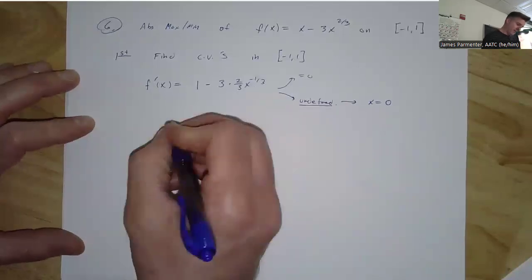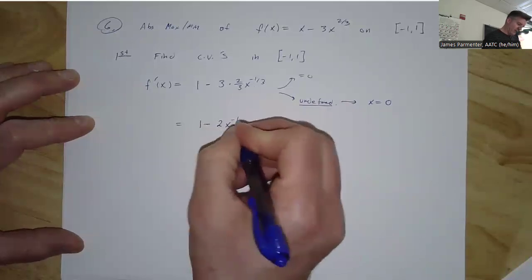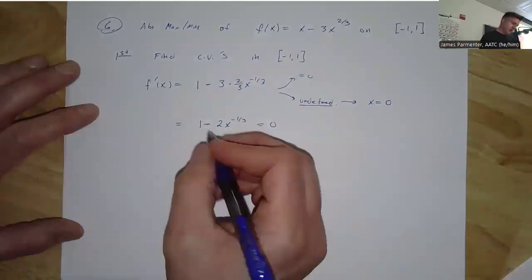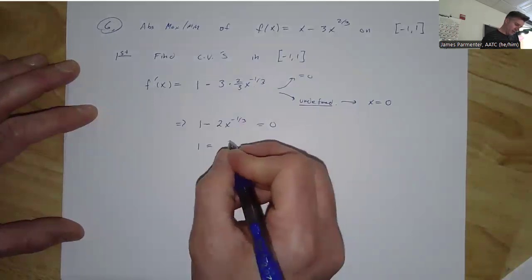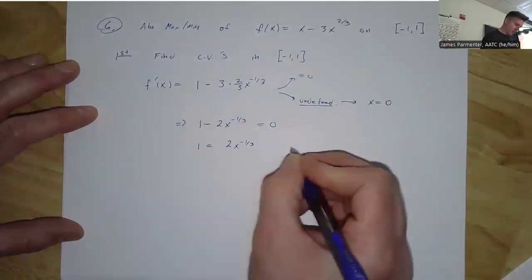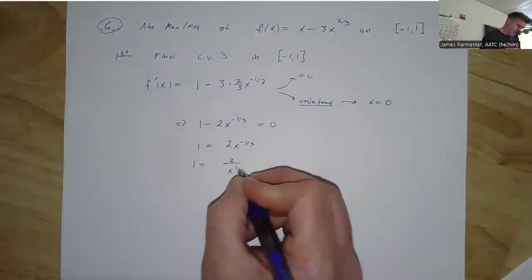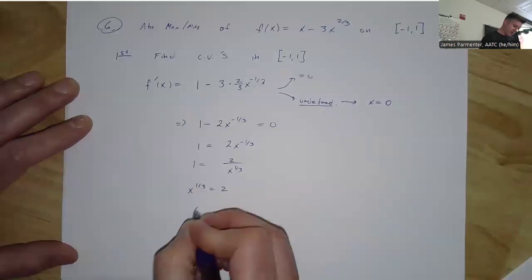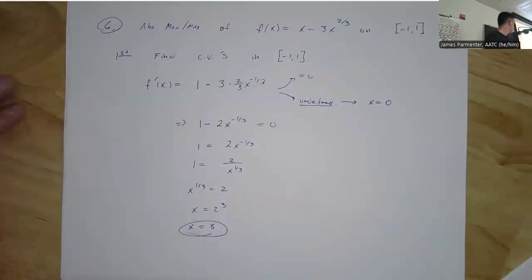Okay, but let's actually look at the whole thing now. If we simplify this a bit, we've got 1 minus 2 times x to the negative 1/3. Let's set that equal to 0 and solve for x. So I would probably do this as 1 equal to positive 2 times x to the negative 1/3, or really 1 equal to 2 divided by x to the 1/3, and then multiply both sides by x to the 1/3 to get x to the 1/3 equal to 2, or x equal to 2 cubed, x equal to 8.